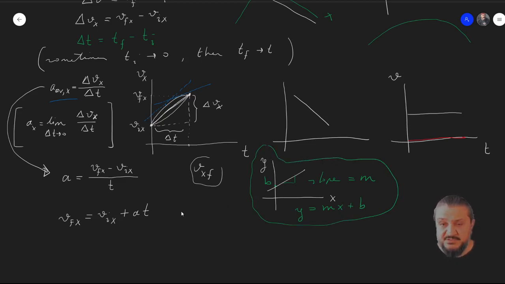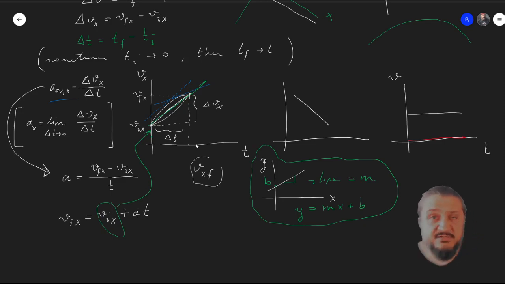But this equation looks very much like what I just wrote here, the v final x equation. So Vix is the intercept here, and your straight line is right here, the middle line. A is the slope, which we already know, and T is your parameter in the horizontal direction.